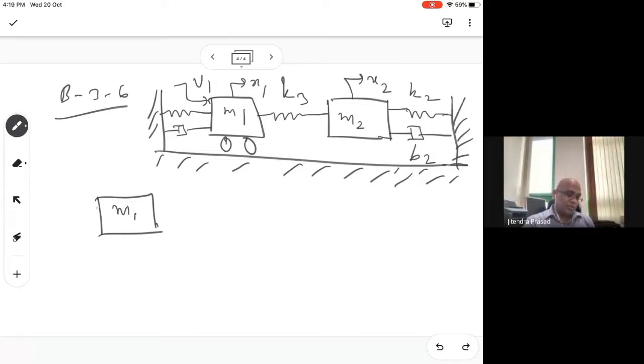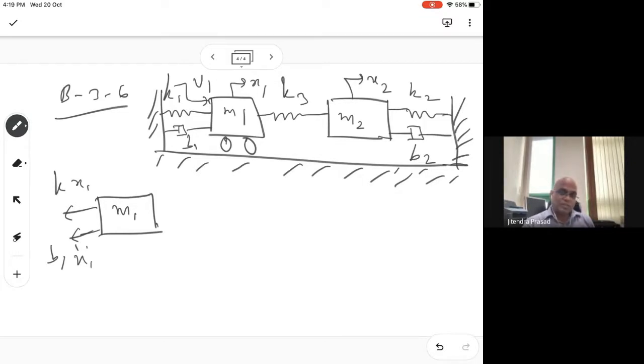There will be a backward force. This is k1, so you get k1 x1, and there will be a force because of the damper, b1 x1 dot.